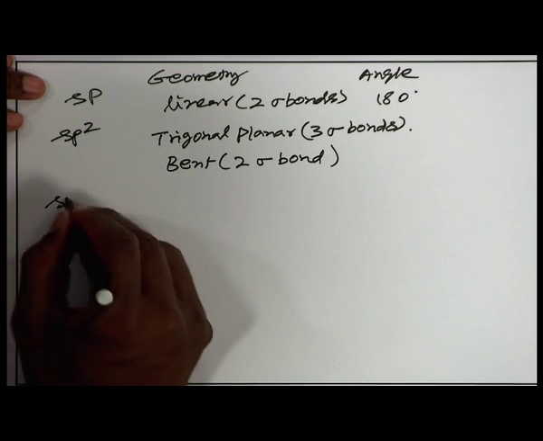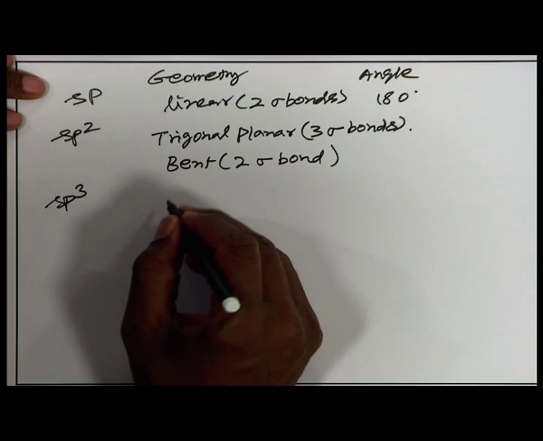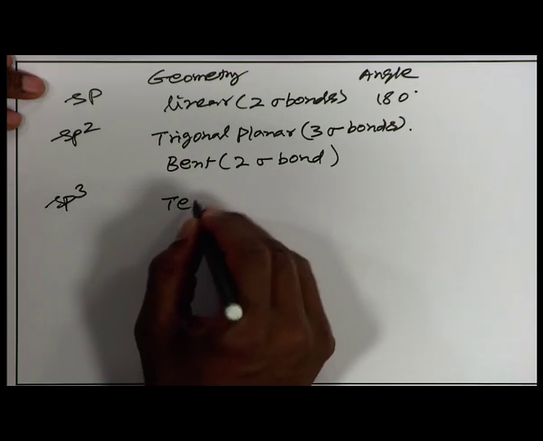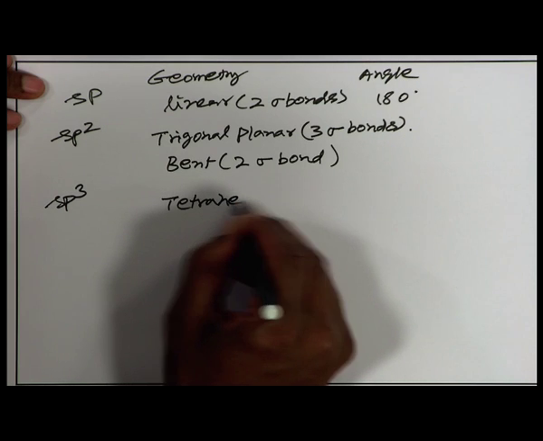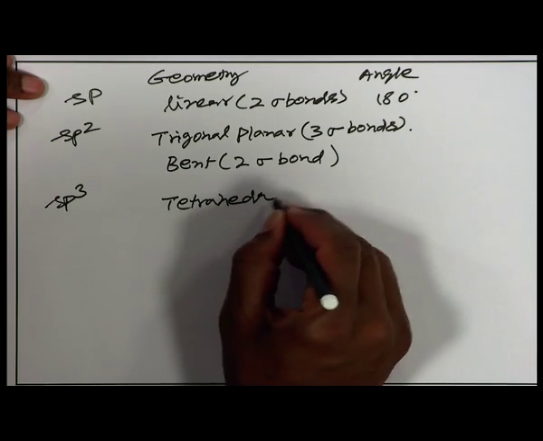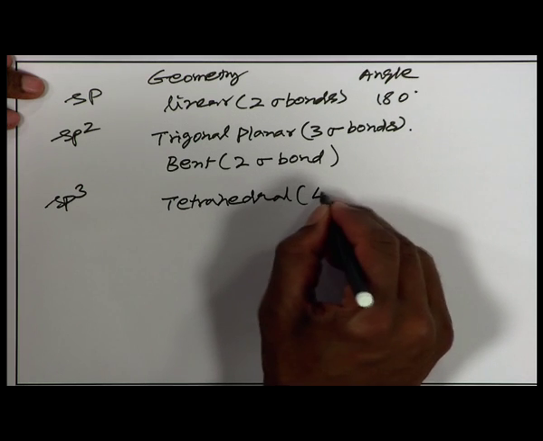Now let us see sp3. You are familiar with the tetrahedral geometry, which contains 4 sigma bonds.